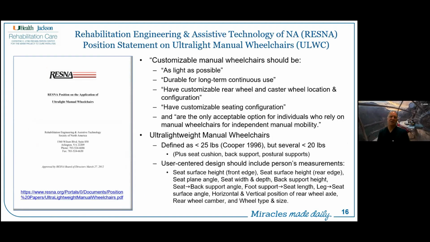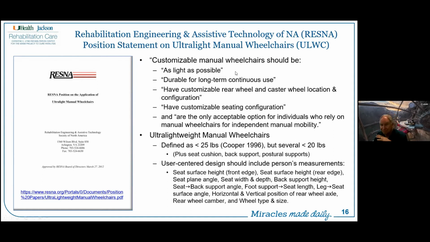Why not? The Rehabilitation Engineering and Assistive Technology Society of North America, RESNA, put together a position statement some time ago, actually updated in 2012, on the need for ultra lightweight manual wheelchairs.